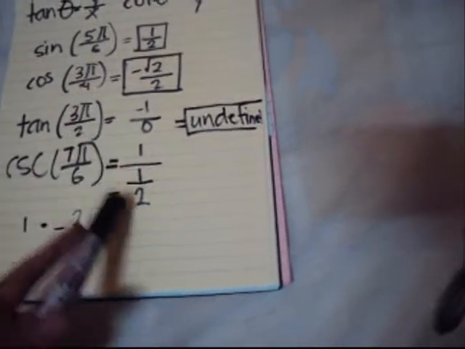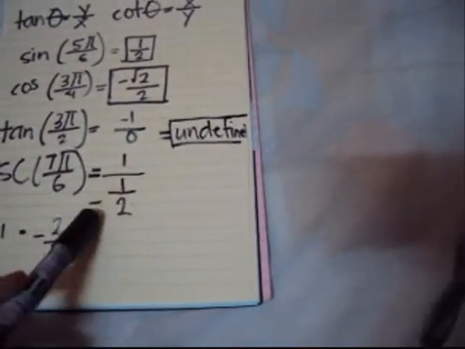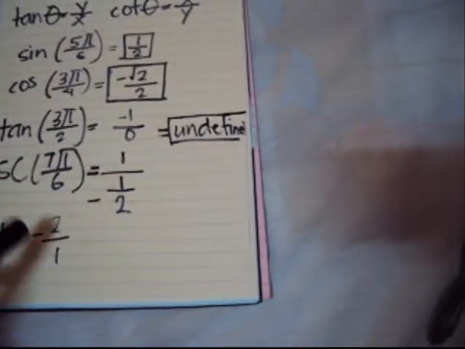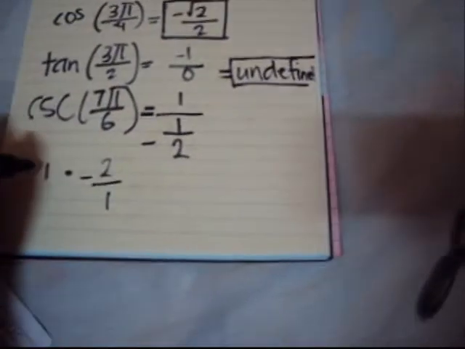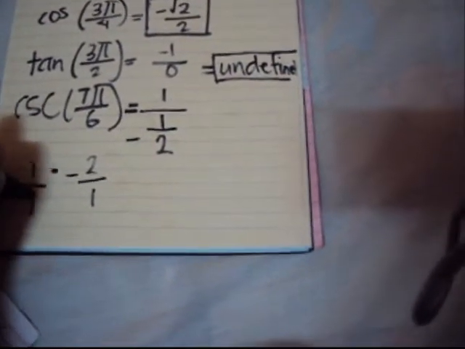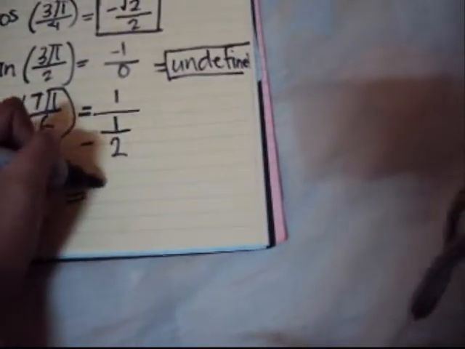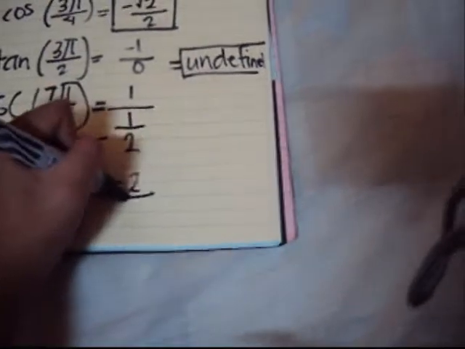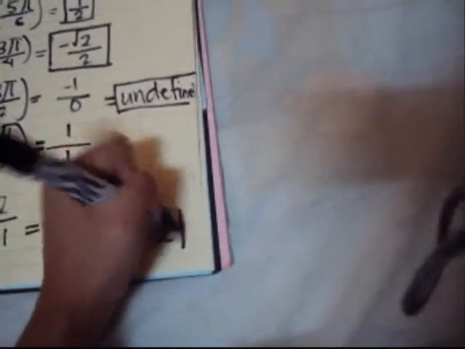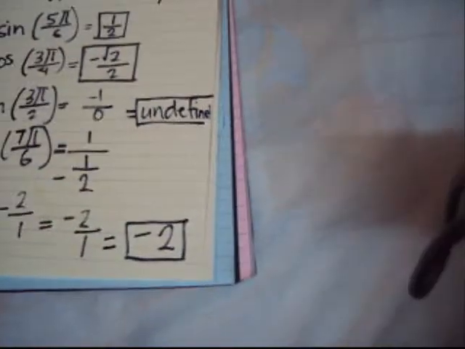Reciprocal, we should interchange the two numbers, 1 and 2. So 2 will be the numerator and 1 will be the denominator. Then negative 2 over 1 is negative 2. The final answer is negative 2.